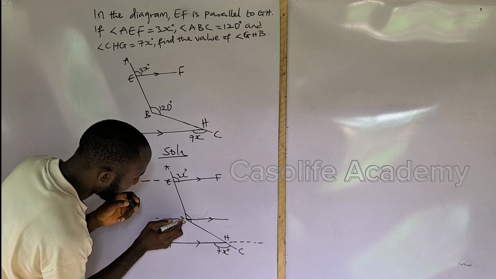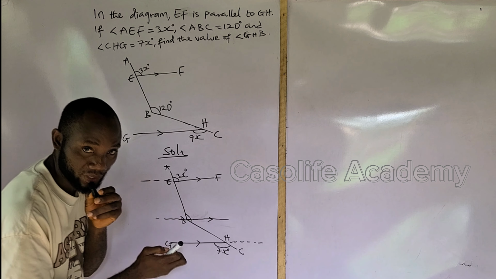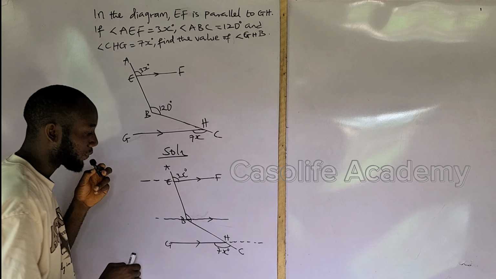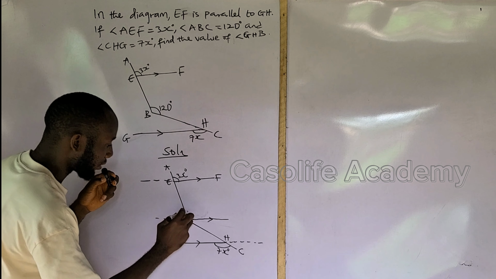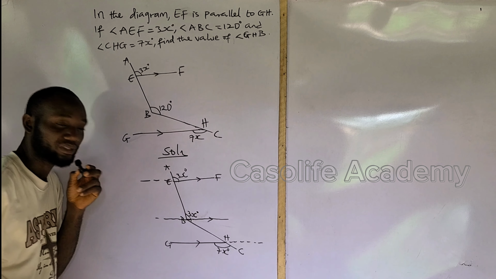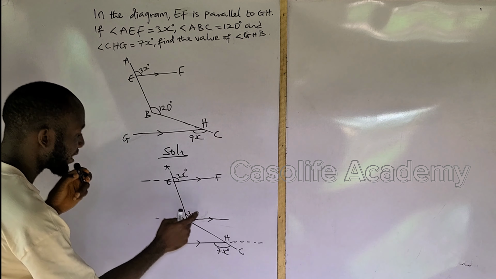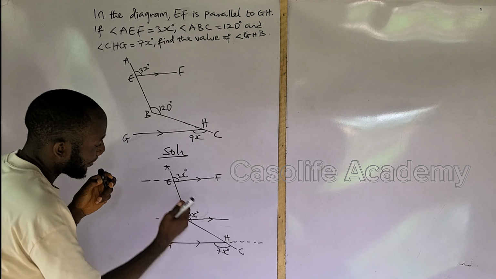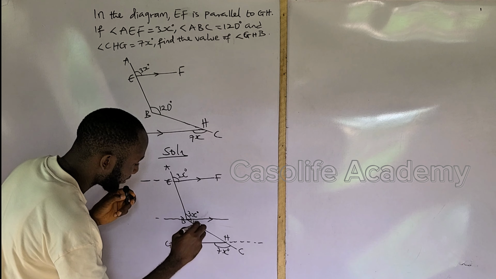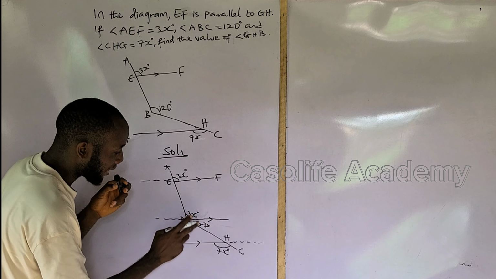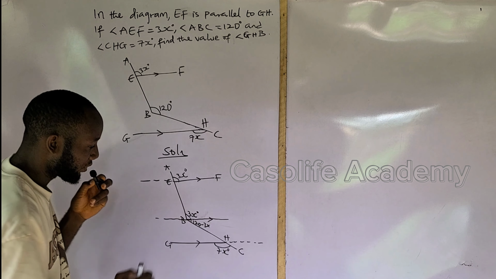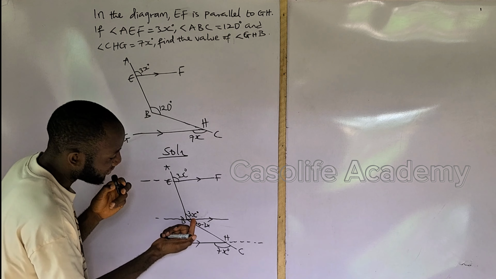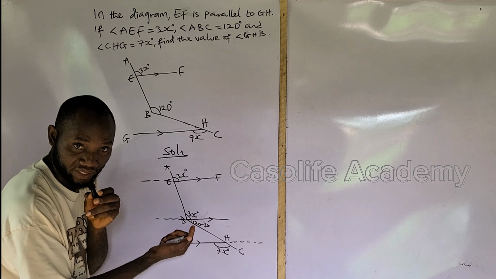From here, the whole of here is 120, so the upper part will be 3x, because they are corresponding angles. That is why here will be 3x. Then the lower part of that 120 will be 120 minus 3x. Assuming we know the value of x, we multiply by 3 and subtract from 120 to get what is here.